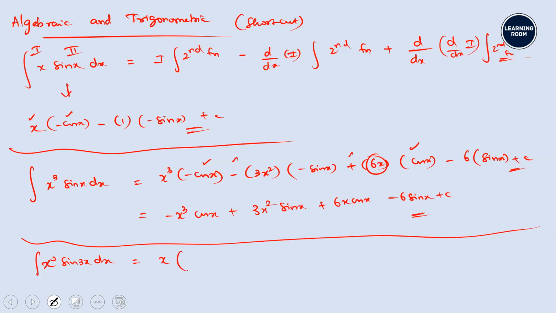X into integral of sin 3x by 3 plus minus into. Right? You already have a 3. So this will be the answer: minus x cos 3x by 3 plus sin 3x divided by 9 plus.